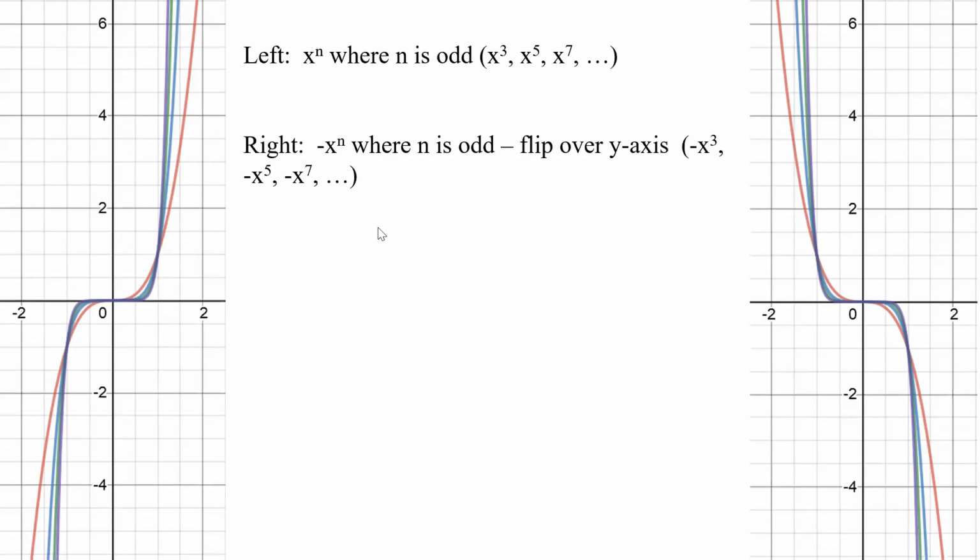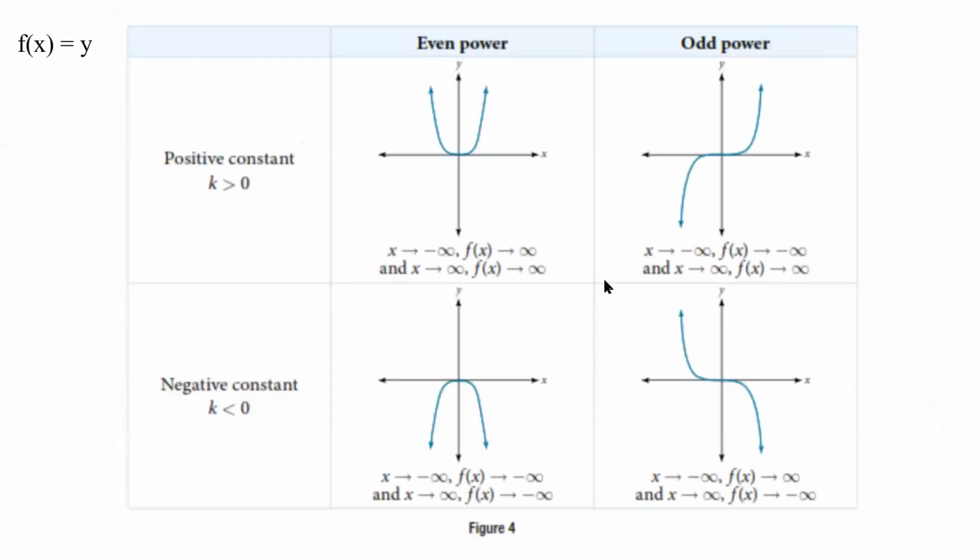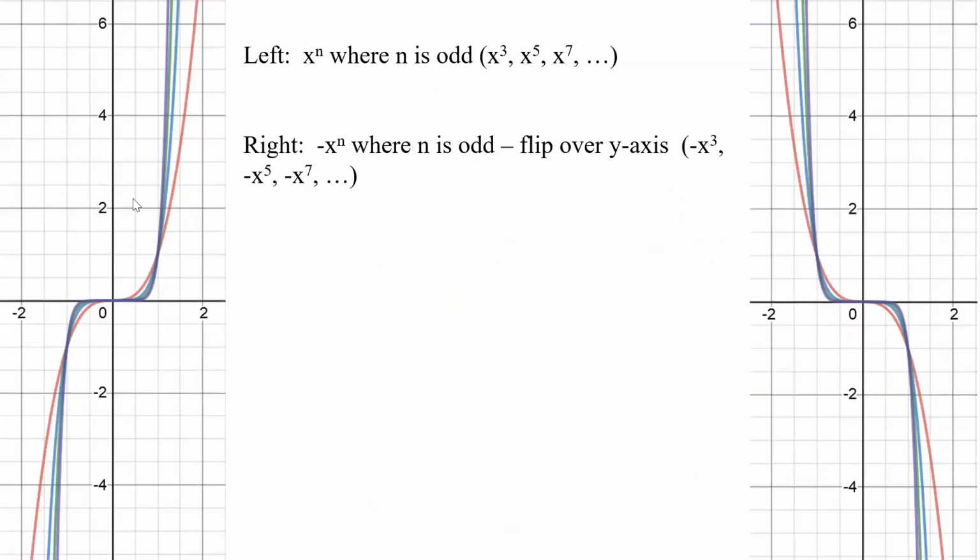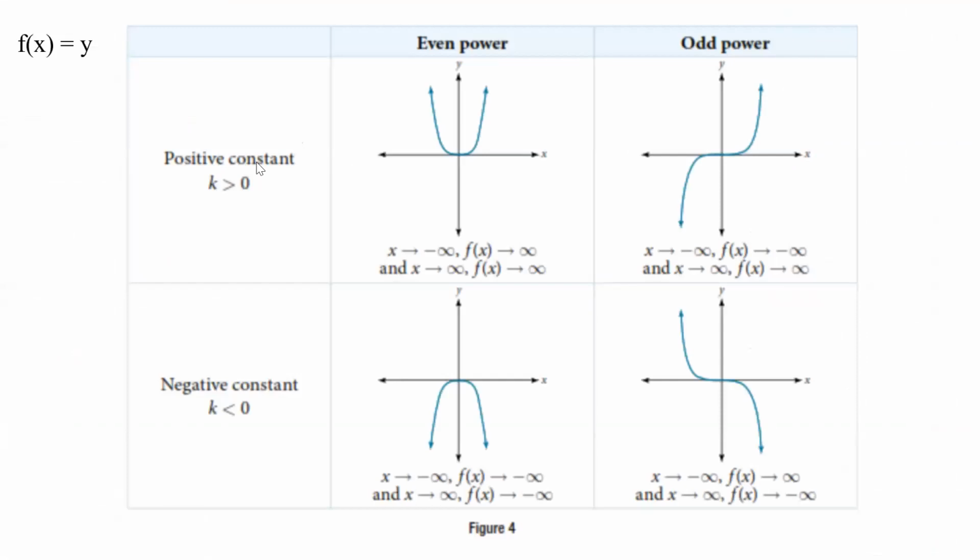So what we can do is make a general table here, and this is actually a table out of your book, and I wanted to show you it really does all follow this way, whether you have just the 3 or you have 3, 5, 7, 9, and so on as you go up. If we have a positive k, basically anything k greater than 0, and we have an even power, it's going to look like this. As x goes to negative infinity, f of x goes to positive infinity.